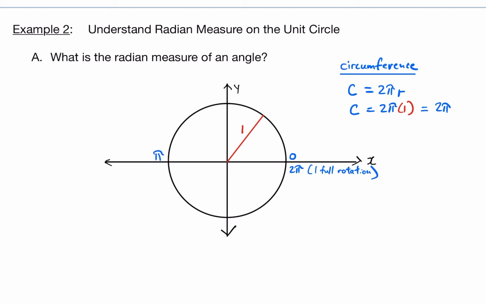Now what would happen if we went 90 degrees? Well, that is half the rotation of a half rotation, which is pi. So half of pi would be pi over 2. Okay? And then likewise, if we were to go half a rotation and then another quarter rotation, that would give us 3 pi over 2.